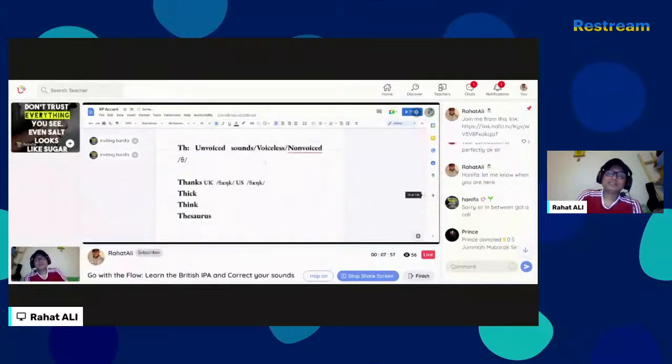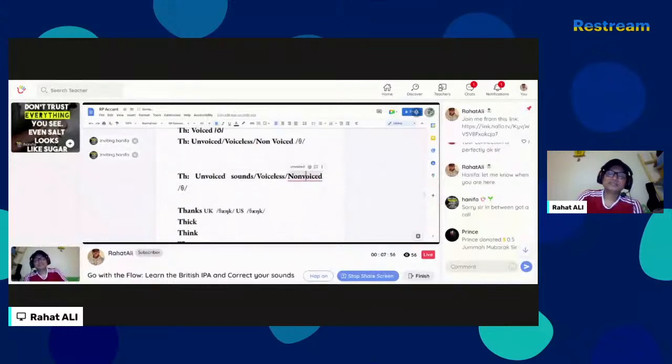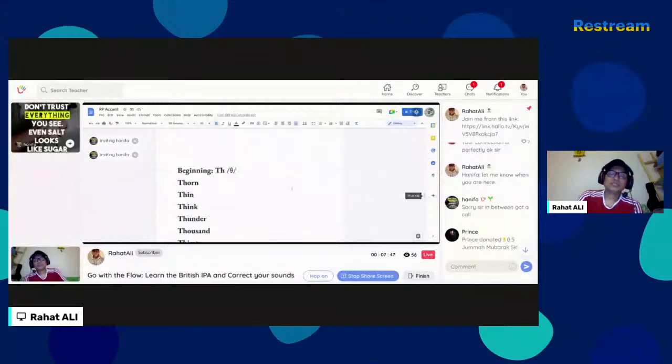Remember, unvoiced is always like the theta symbol, like tone, theme, think, thunder, thousand, thirsty, thief, thermometer.